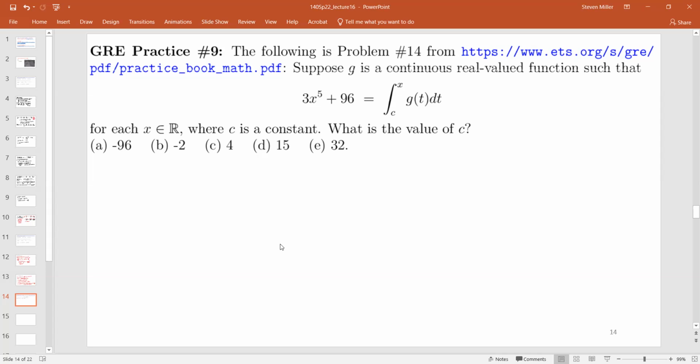When you integrate, it's going to be the antiderivative at x minus the antiderivative at c. What choice of x will have the right-hand side easy to evaluate?